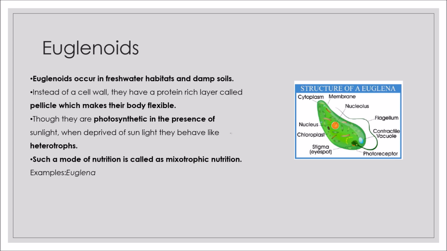So Euglena belongs neither to autotrophic nor heterotrophic; they belong to a new category called mixotrophic nutrition because they are both autotrophic and heterotrophic. Based on the situation, the mode of nutrition may vary. So it is known as mixotrophic nutrition. Example, Euglena.